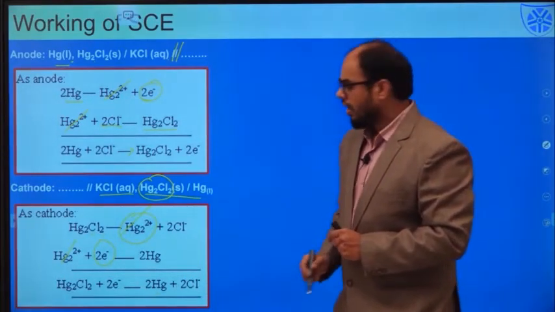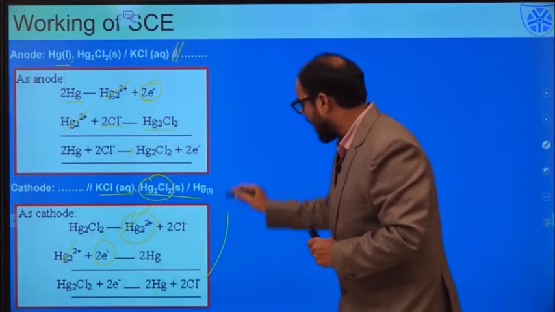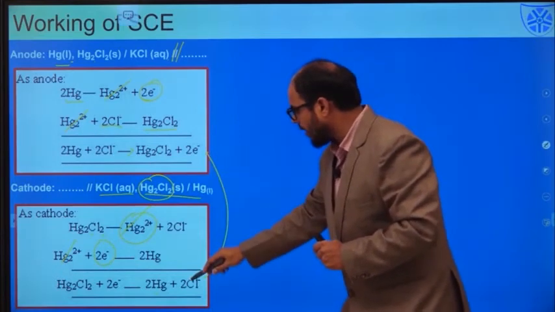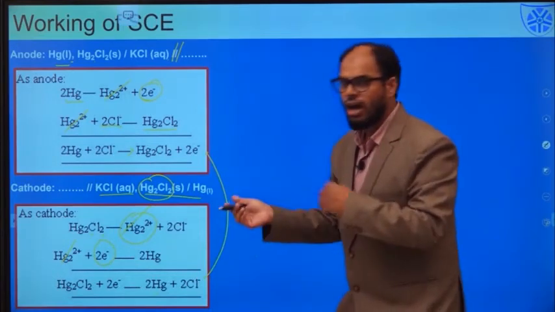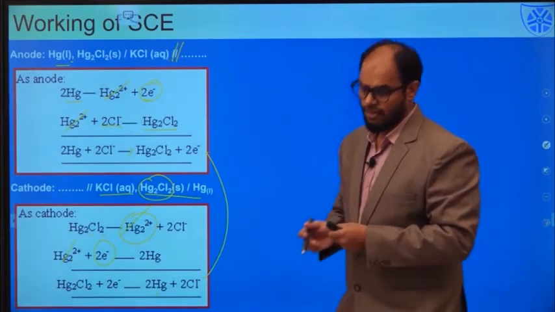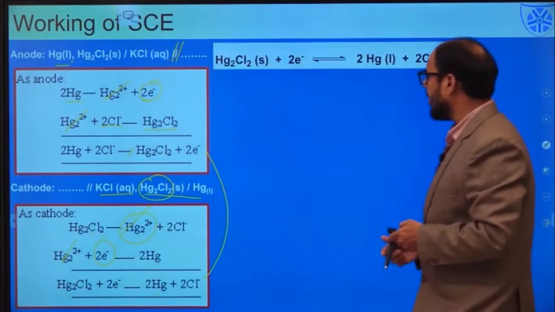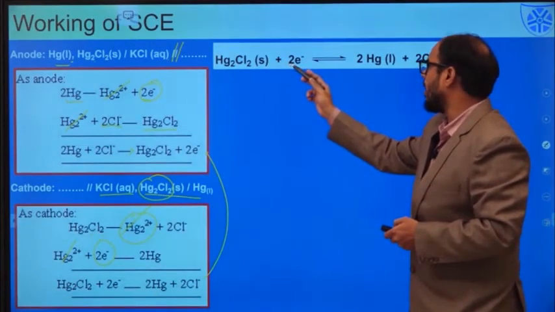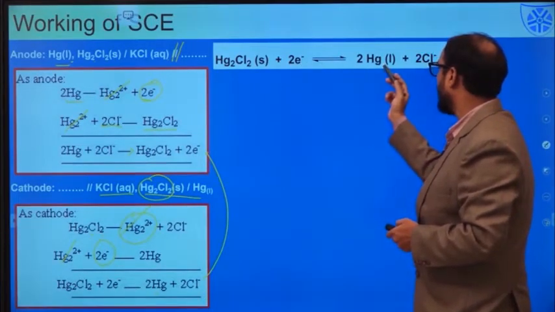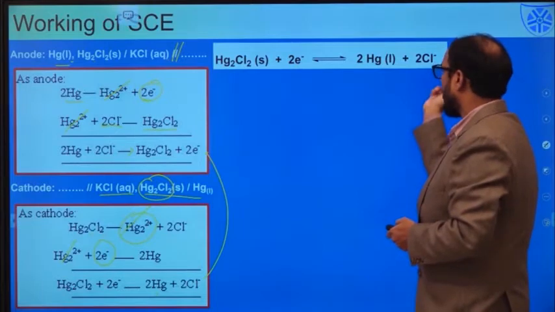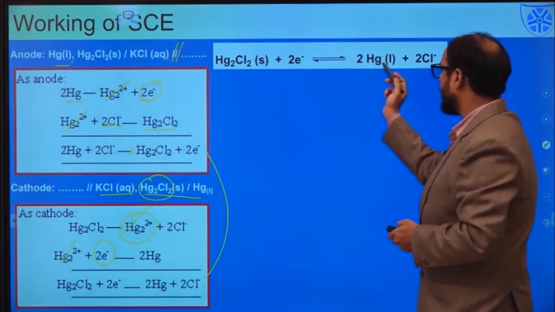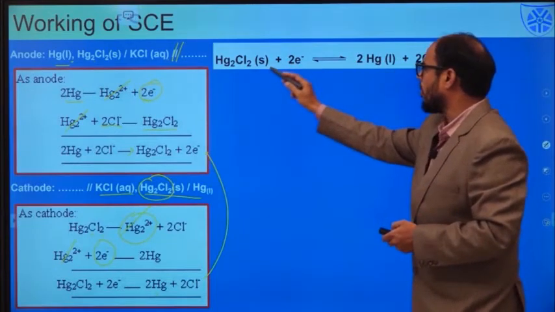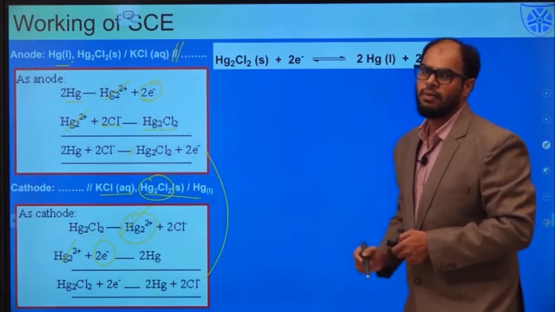If we carefully understand, the cathodic reaction and anodic reaction are reversible. So I can say that the calomel can accept 2 electrons to form elemental mercury plus 2 Cl minus, or the other way around, mercury can liberate 2 electrons to form calomel.